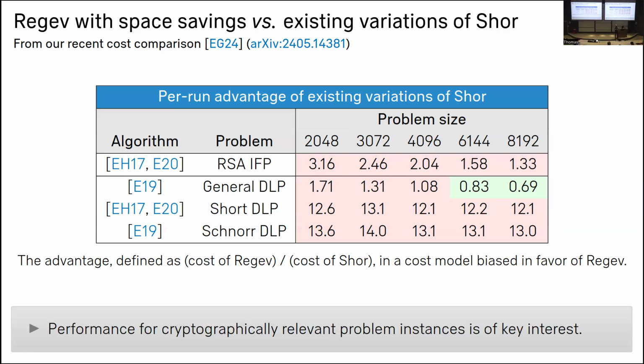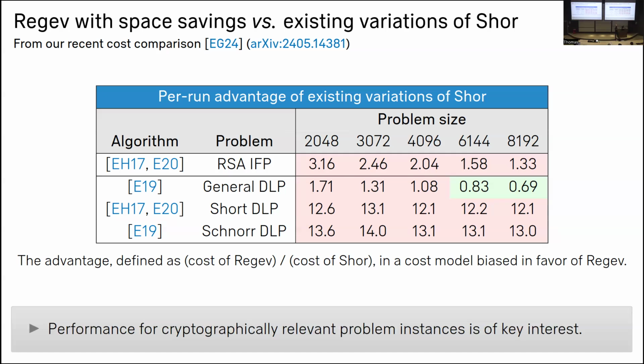Okay, another question: in the future, if we have a more powerful quantum computer, is it possible that Regev's algorithm can be combined with Shor's algorithm, or is it just for near term application? Maybe I missed something. If the problem size is bigger and bigger, Shor's algorithm is always better, right?